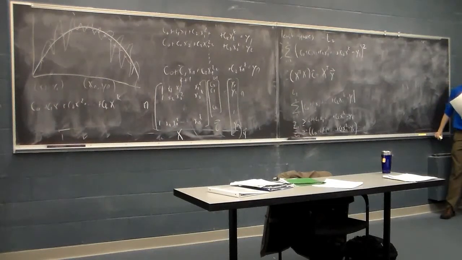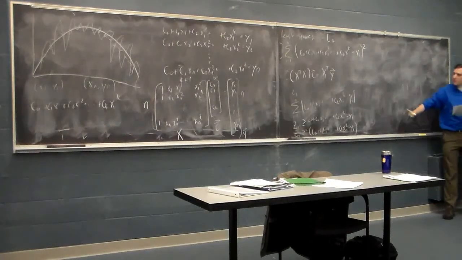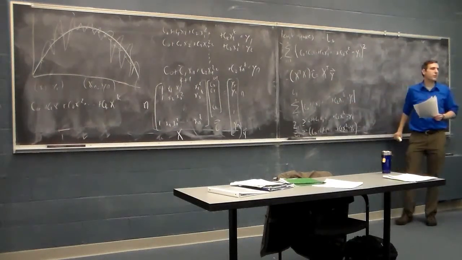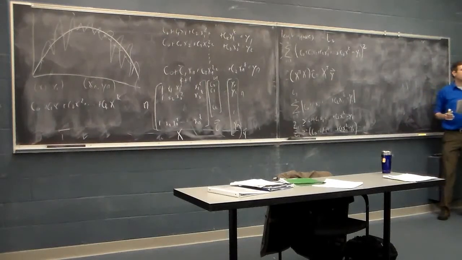And what we would then want to do, once we've defined these zi's, is find the thing that minimizes the sum of the zi's. That's going to have to be the set of coefficients that minimize the sum of absolute values of our residual terms. So how could we do that?